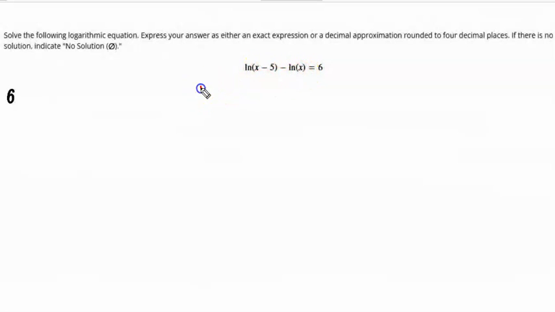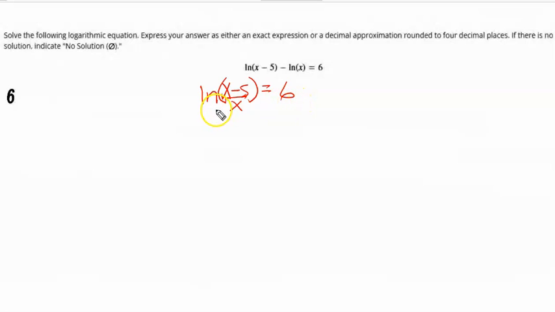So this would be the natural log of x minus 5, minus the natural log of this would be this then divided by x equals 6. Now, putting this from its natural log form into its exponential form.